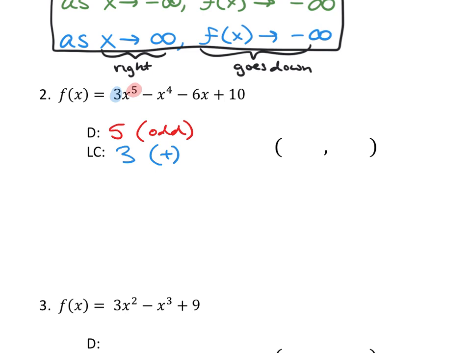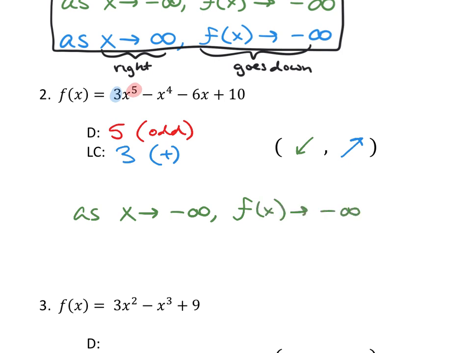So we are following the rules for an odd positive polynomial. Positive is controlling the right side, so my right side is going up towards the positive numbers, and odd is opposite, so the other arrow should be going down. My sentences should be, as x approaches negative infinity, that's the left side, f of x approaches negative infinity, because that arrow went down.